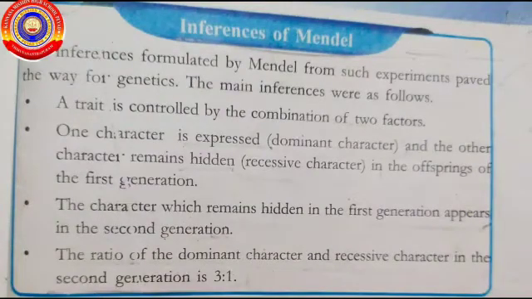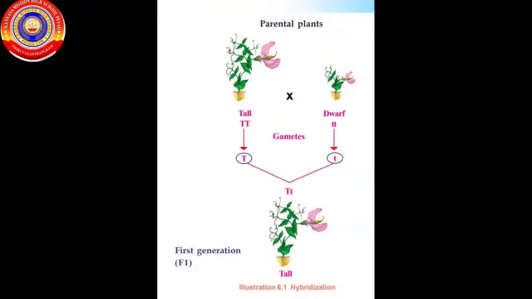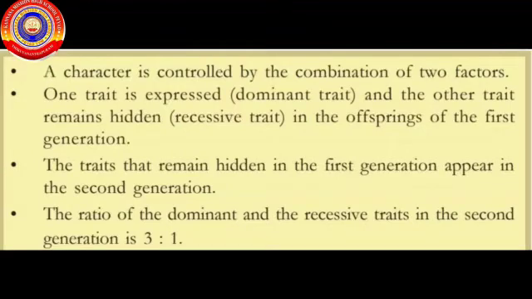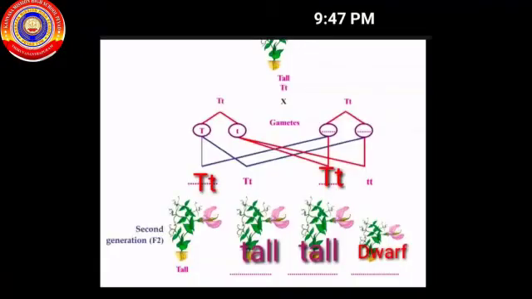Second, one character is expressed, that is the dominant character, and the other character remains hidden, that is the recessive character, in the offspring of the first generation. Third, the character which remains hidden in the first generation appears in the second generation. The ratio of the dominant character and recessive character in the second generation is 3:1.